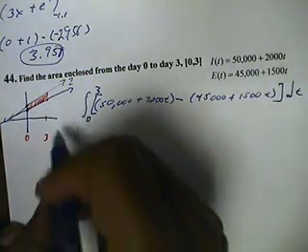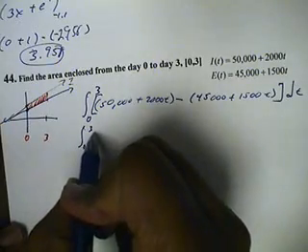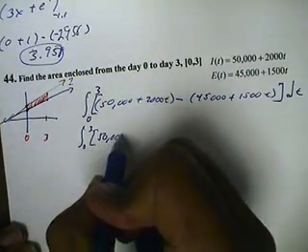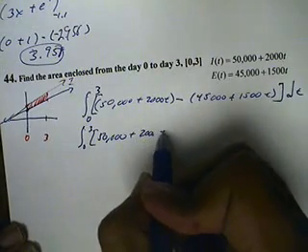Alright, now let's begin to subtract these. We'll get 50,000 here and 2,000t there.